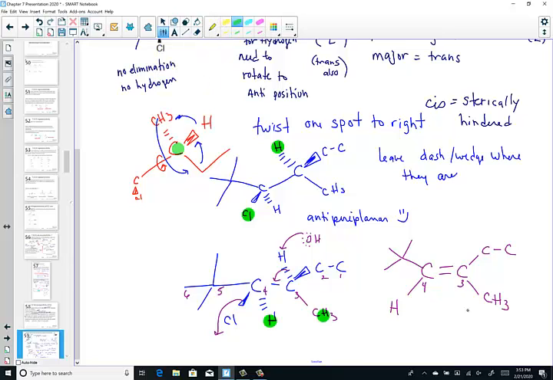So did we end up with a cis? No, we have to use E and Z. What is our configuration? Well, the highest priority is this guy. Highest priority is this guy. That's the same side. That's the Z conformation.